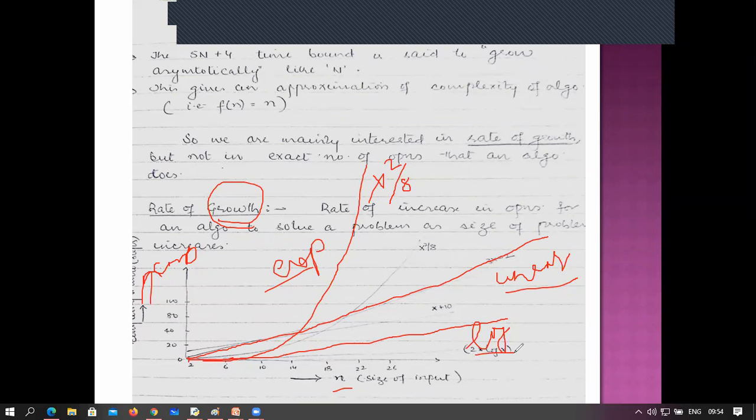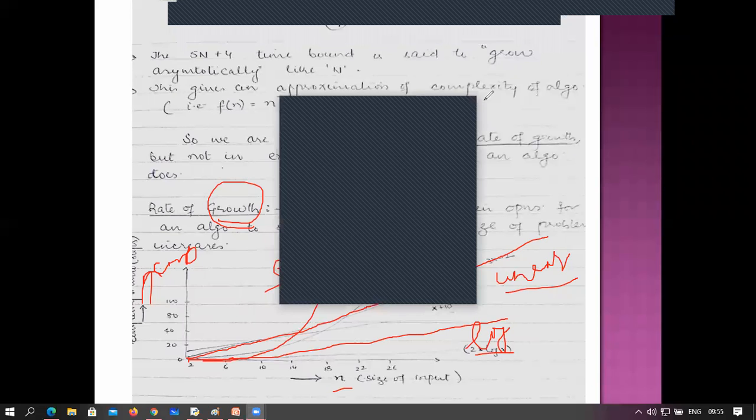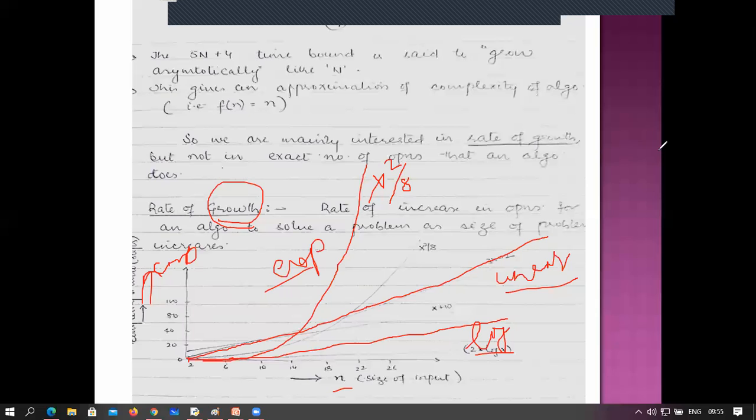Okay, so if I'm just taking these three cases, what do you think? Which algorithm is having the least complexity? Exponential one, linear one, or logarithmic one? Yes, you can write down in the chat box. On the y-axis, I'm having the complexity. On the x-axis, I'm having n.